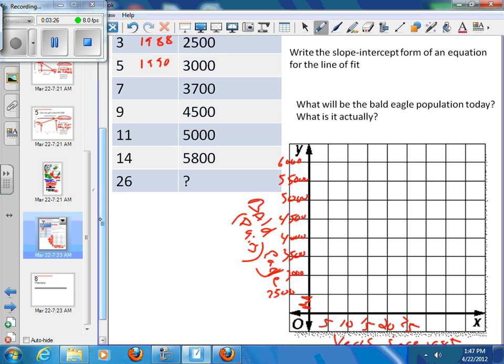So let me put my points on there. 3, 2,500 is approximately there. And then I've got 5 and 3,000. 5 and 3,000.